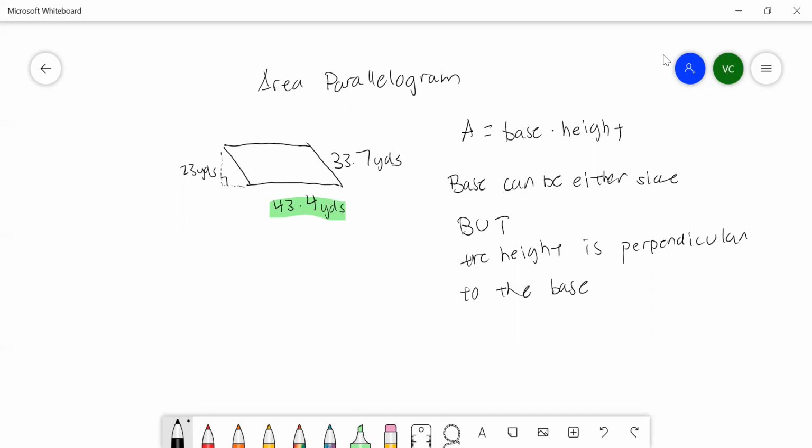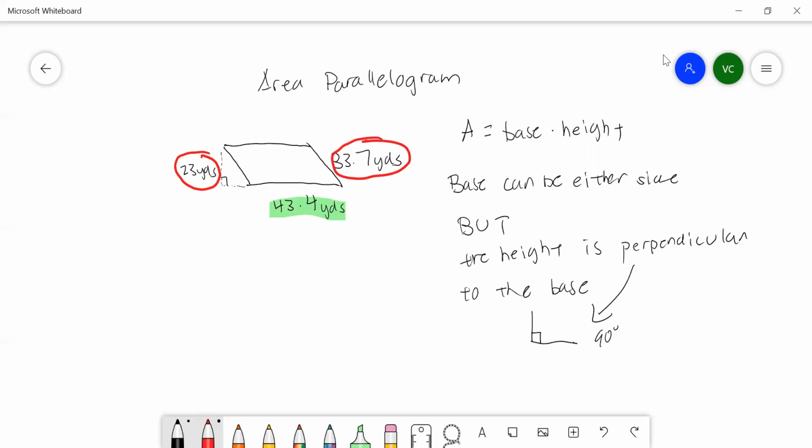So perpendicular means 90 degrees. So when we look at these two remaining sides, do you think that our height is going to be 23 yards, or is it going to be 33.7 yards?